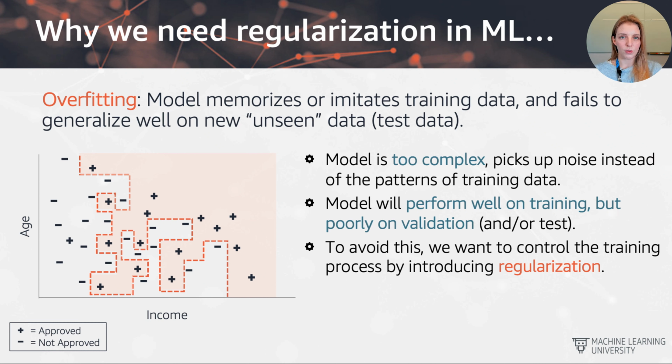And to avoid this overfitting occurring, this is where regularization comes in. On the left-hand side, you also have a visualization of what it could look like for a classifier to be overfit. You see here that the decision boundary is going very granular and basically carving out some of the positive instances, but that decision boundary will not be upheld when it comes to test or validation data.